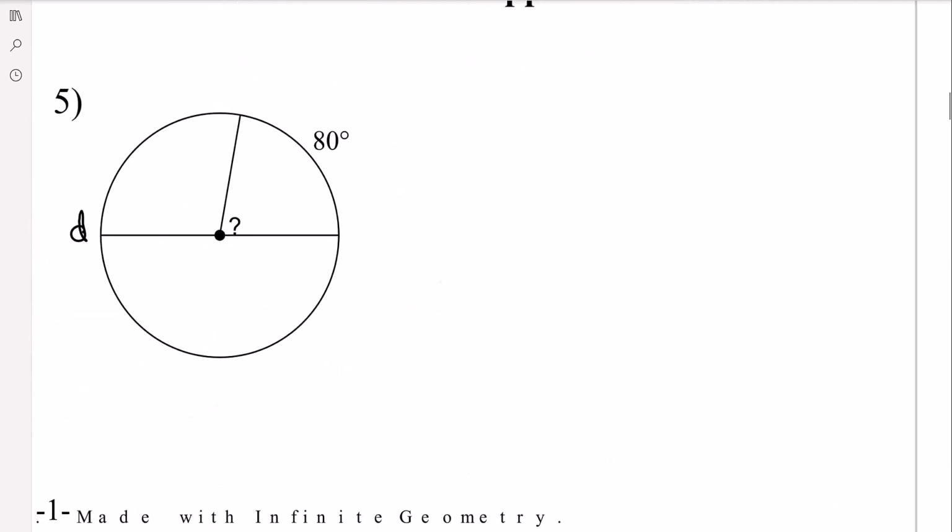So on this one, if they're saying the arc length is 80 degrees, which is ridiculous, you're not going to say that it's 80 degrees, but because they put it in degrees, we know that angle right there. So you could say the measure of angle question mark is 80 degrees, just like that. Now, normally, you really wouldn't write it like this.